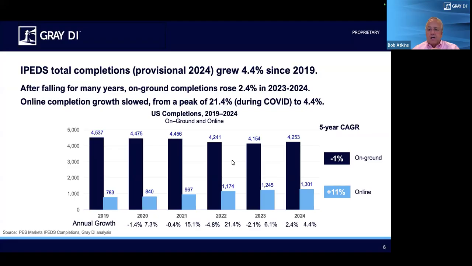As you might expect, online is quite a bit faster, though its growth rate has slowed down. It peaked in 2021 during COVID at 15%. It's dropped down now to a 4.4% annual growth rate. So it's moderating a bit, and on ground is catching up with a 2.4% growth rate after years of decline.